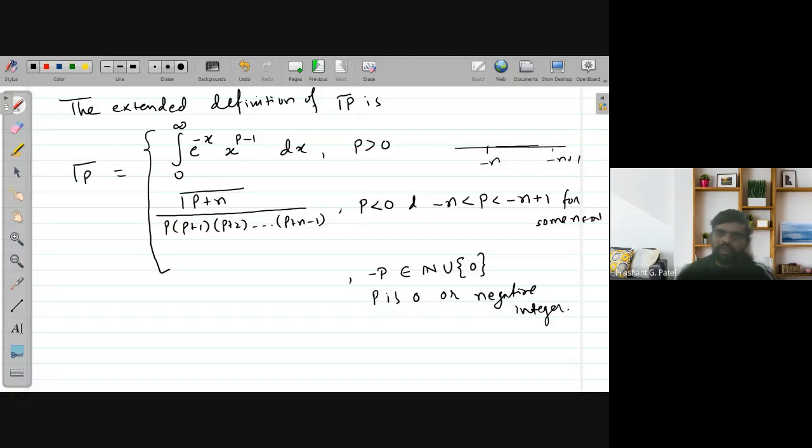If it is an integer, that is, minus p belongs to this set, that means p is a negative integer or it will be 0. In that case the value is not defined.